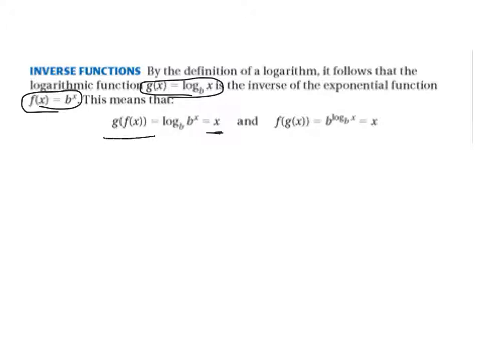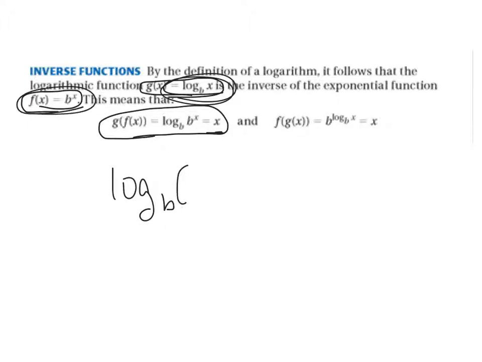So g evaluated at f of x means log base b, and instead of x we put b to the x. And remember, when these two match, this is my answer. So this would be equal to x.